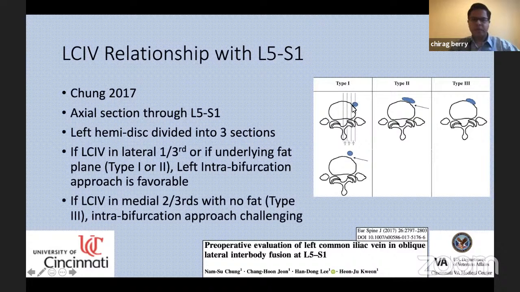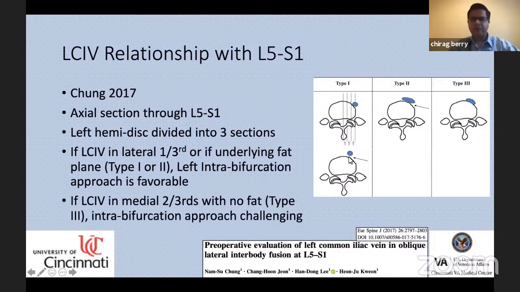If it is in the lateral third of this left hemidisc, or if there's an adequate fat plane underneath it, like you see over here, then it's type 1. Then you can possibly use your left intra-bifurcation approach just because you have a wider interval, or you can safely retract the vein because of the fat plane.